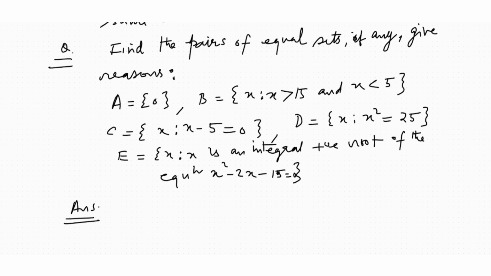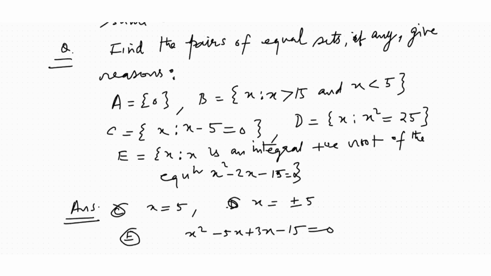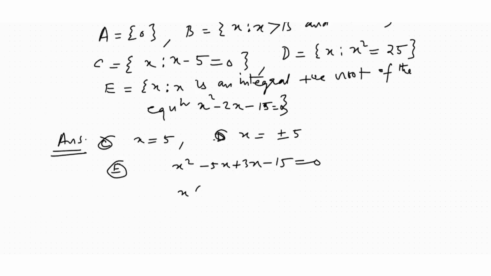C, the solution of C would be x equal to 5, and in the solution of D, x is plus or minus 5. This is your C and this is your D.